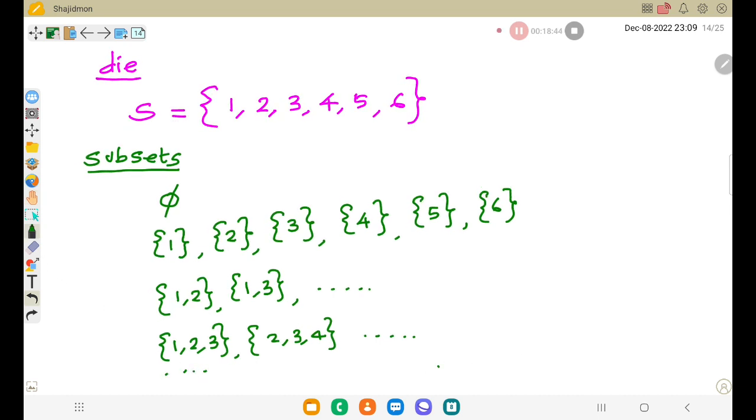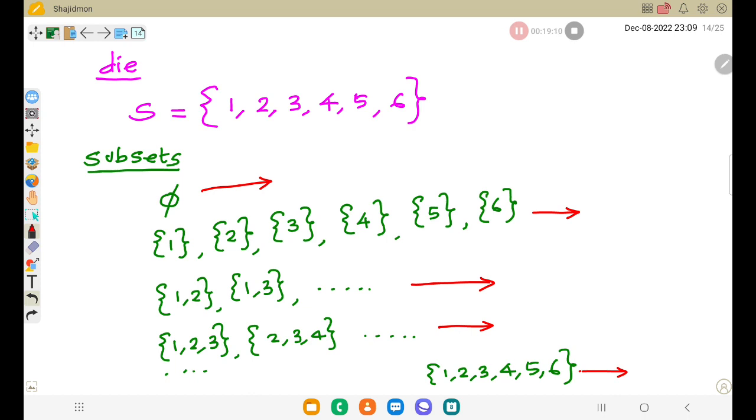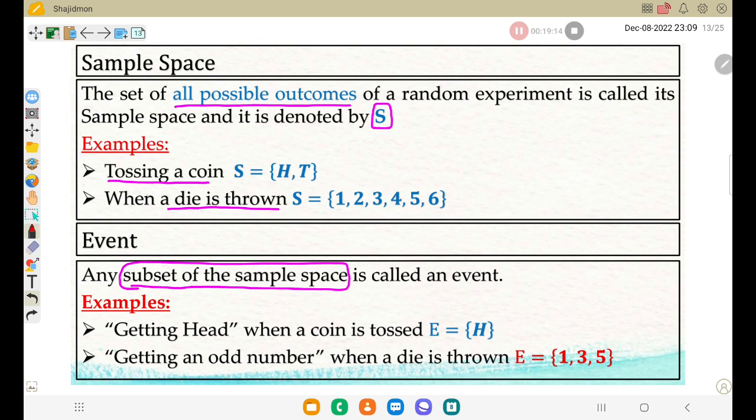Now the full subset, the 6-element subset, is {1, 2, 3, 4, 5, 6}, because every set is a subset of itself. So we have written the empty set, 1-element subsets, 2-element, 3-element, 4-element, 5-element, and lastly the 6-element subset, correct? These subsets we are calling events of a sample space.